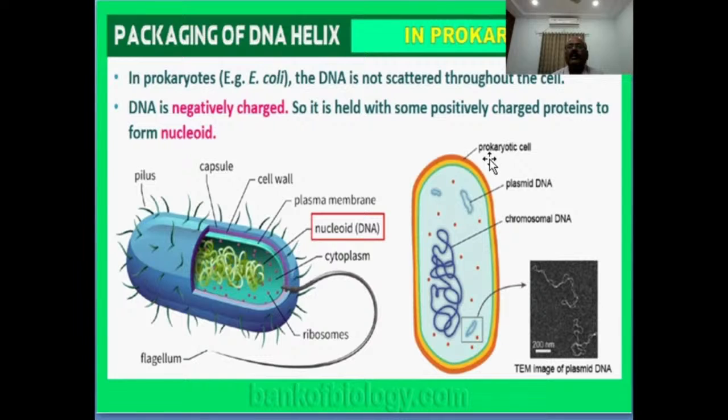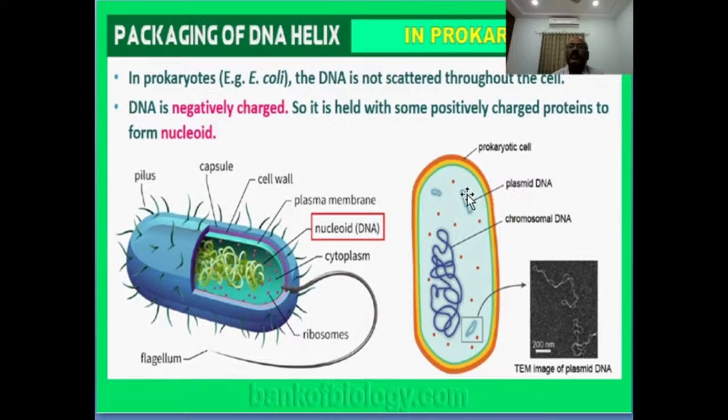In the prokaryotic cell, this is a plasmid. Plasmid means a circular DNA. Whereas chromosomal DNA is not a circular DNA. It is a double-strand helical one, called chromosomal DNA or nucleoid.